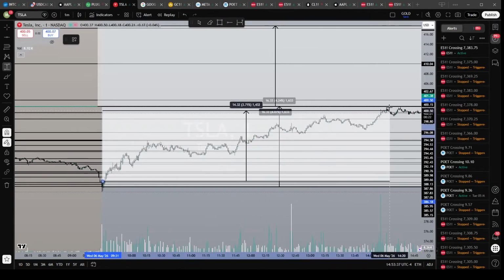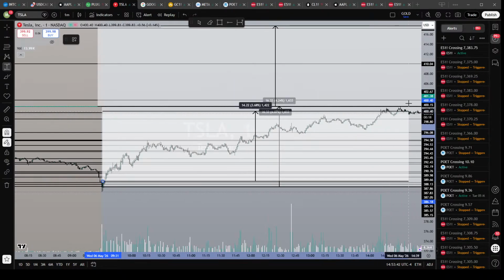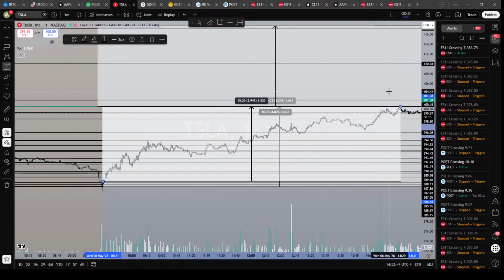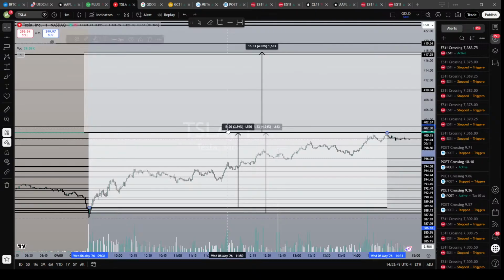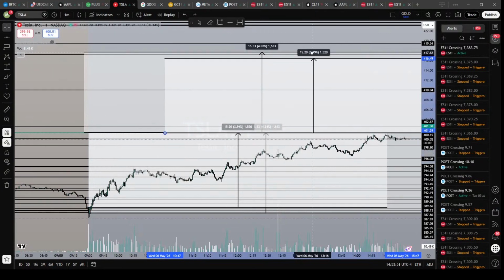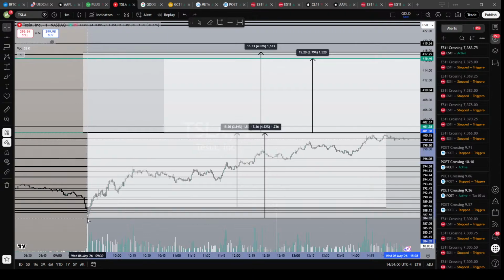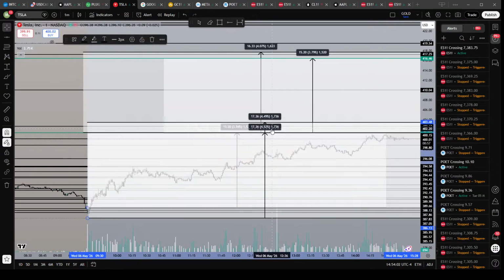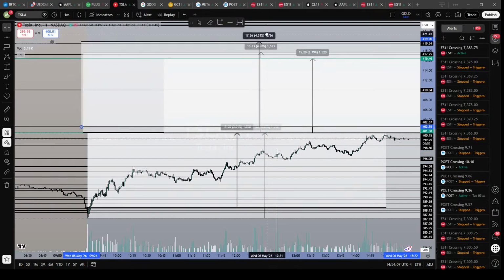So you could maybe assume that Tesla on these kinds of breaks, 15, that this makes more sense, okay, is likely to get to that 416. Max range would be around here. 416, 418, 420. Okay.